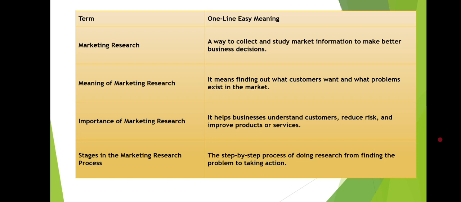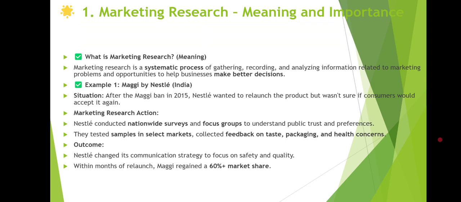So basically this is very important. First of all, you have to find out the root cause of the problem and you have to make a proper strategy or blueprint, and after that take action according to the plan. So let's understand each and every topic one by one.